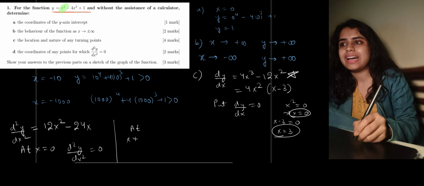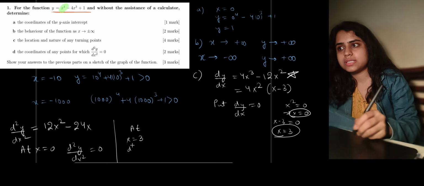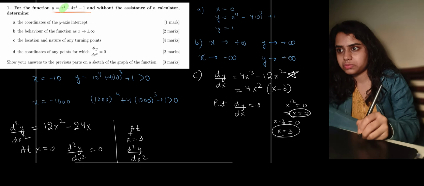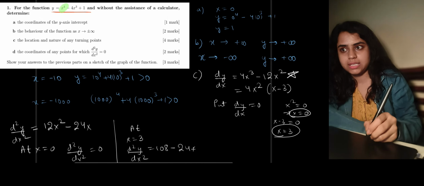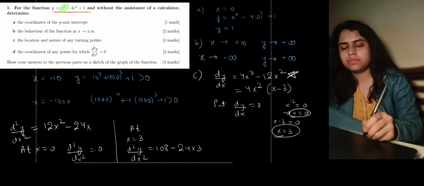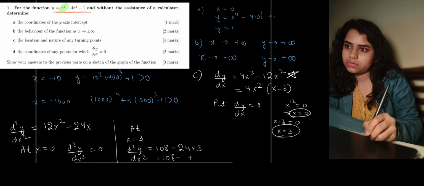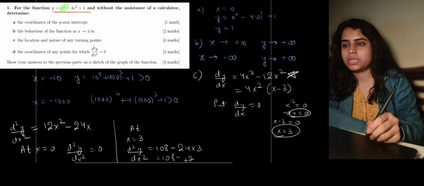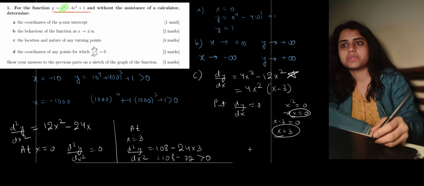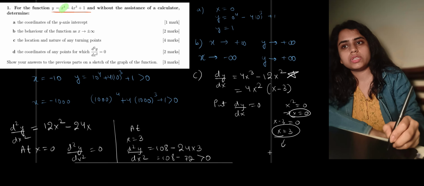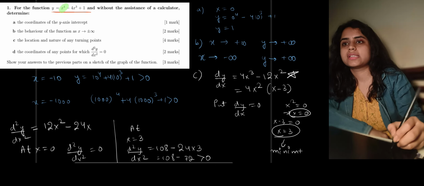At x is equal to 3, it's 12 times 9, that's 108, minus 24 times 3, which is 72. It's going to be a positive number, so x is equal to 3 is the point of minimum.